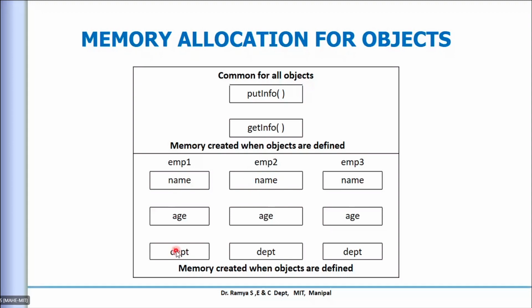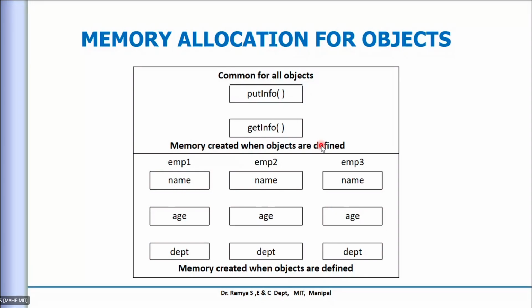Memory is allocated for each object's variables, but there will be only one copy of the function definition. So if I call emp2 dot put info, I'm not creating one more memory location for these functions; there is only one copy of that. This is another way of understanding a class. These two concepts are very important for our OOPs.